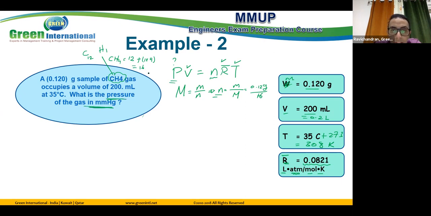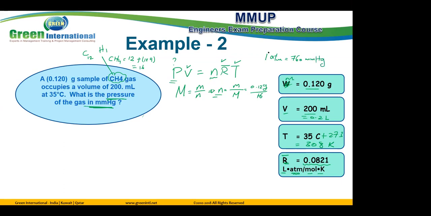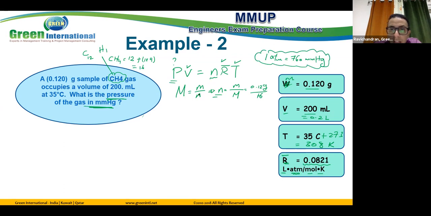So once you get the pressure in atmosphere, change it to millimeter mercury. It's easy conversion. 1 atmosphere, as we know, equals 760 millimeter mercury. This is a famous conversion. Once you get the value in atmosphere, you can change it by this conversion.